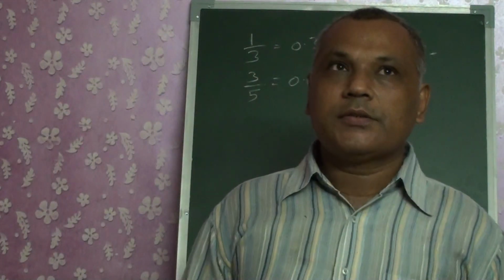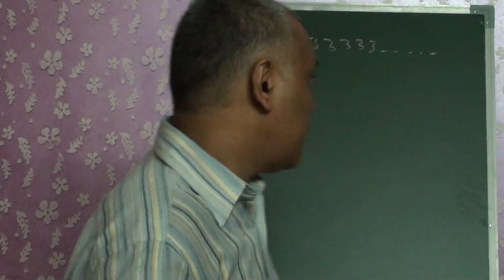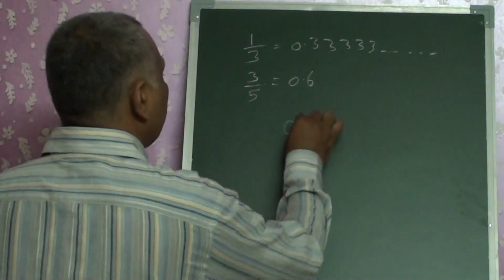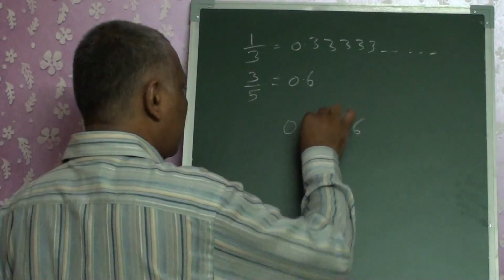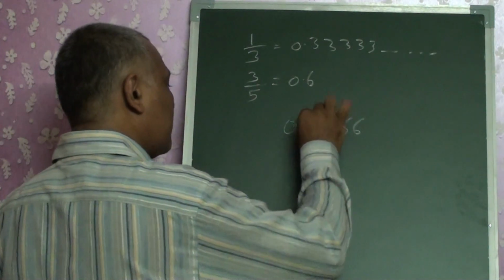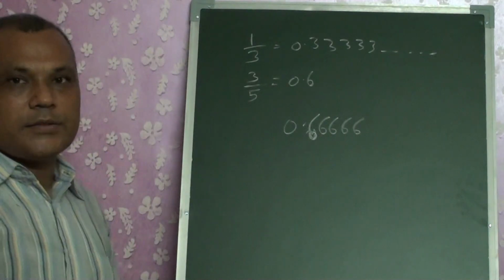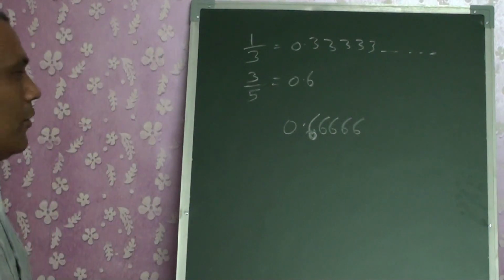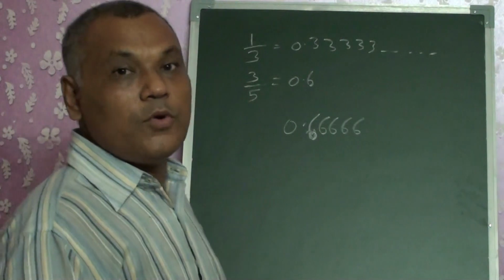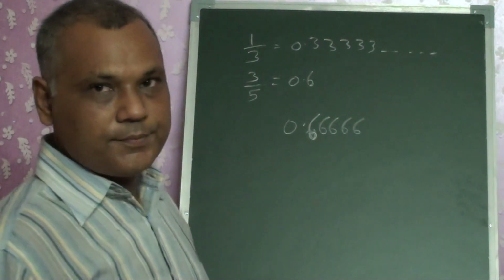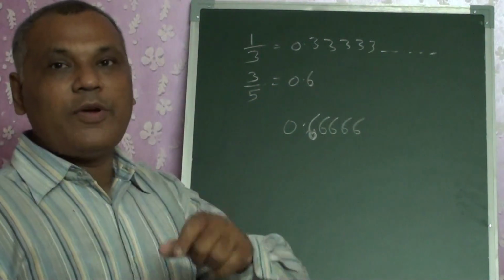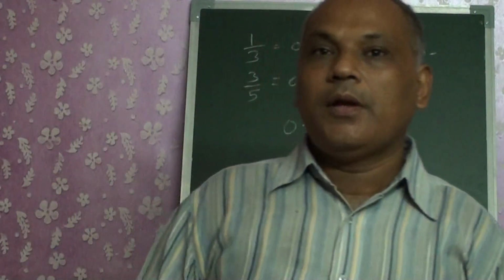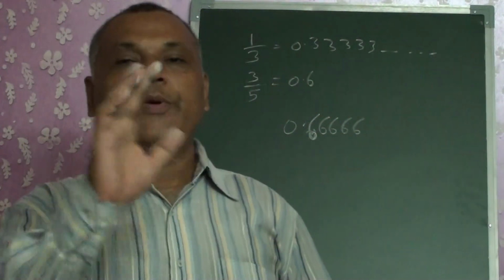The second question is when I get the answer as 0.66666 and I am told to write the answer up to 2 decimals or up to 1 decimal. What should I write? Whenever such questions are asked, the answers should be matched and correctly given.